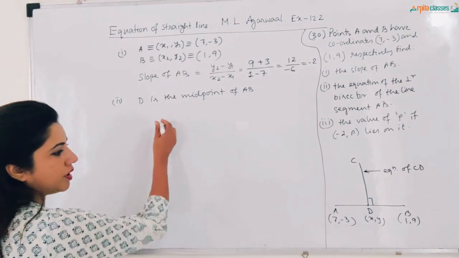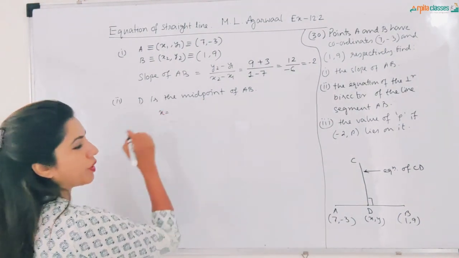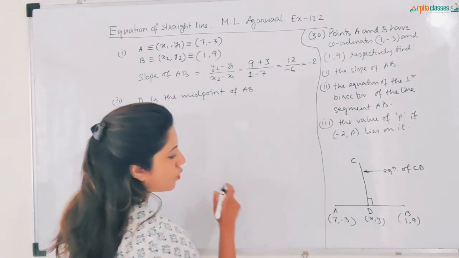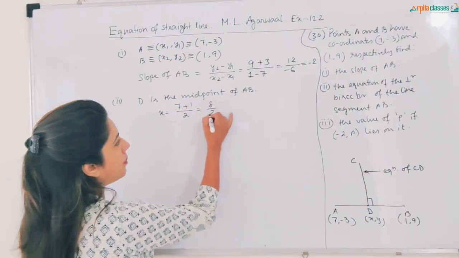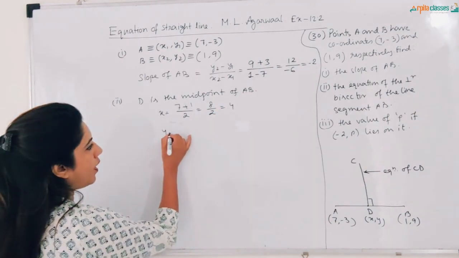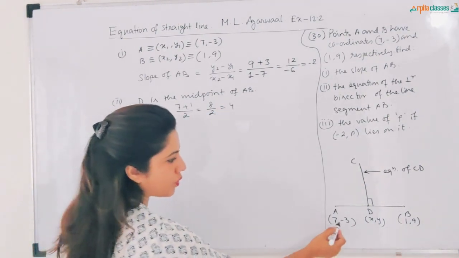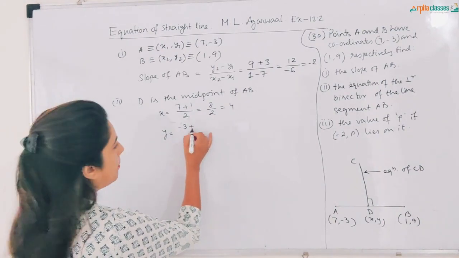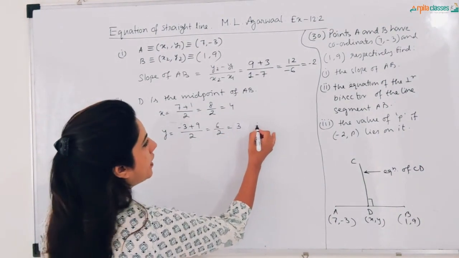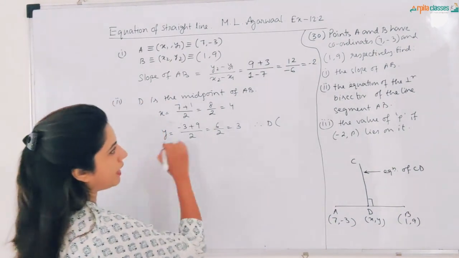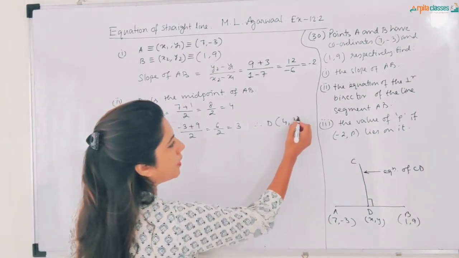So we'll find out the coordinates of D. x is equal to (x1 plus x2) by 2. So that's (7 plus 1) upon 2, that is 8 upon 2, 4. And y is equal to (y1 plus y2) by 2, y1 is -3 plus 9 upon 2, 6 upon 2, that's 3. Therefore, we get the coordinates of D as (4, 3).